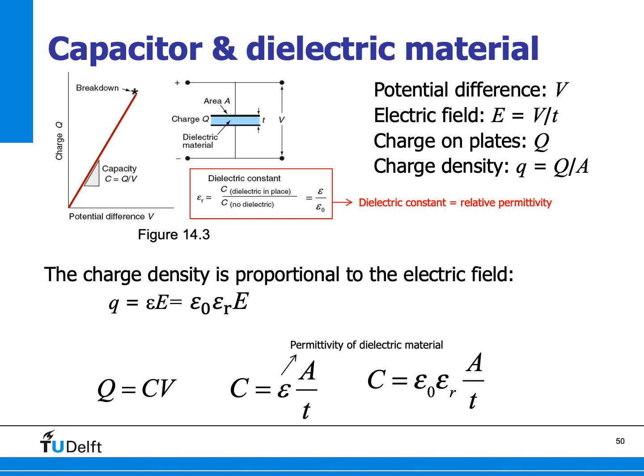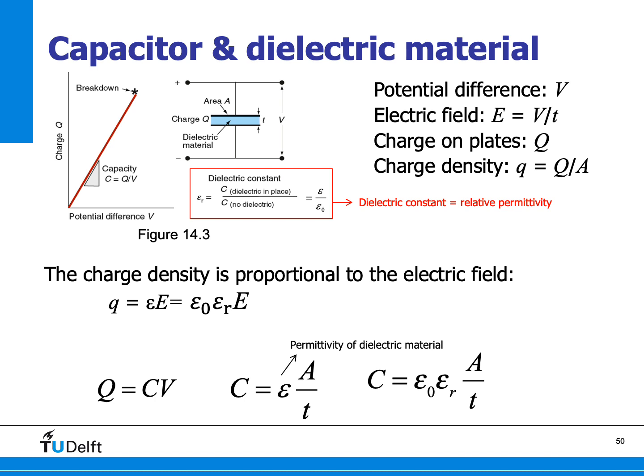Now we define a relative permittivity, which is also called the dielectric constant, and we define it in this way: the capacity when the dielectric is in place divided by the capacity when there's no dielectric. So that's basically the permittivity of the dielectric material divided by the permittivity of the vacuum.